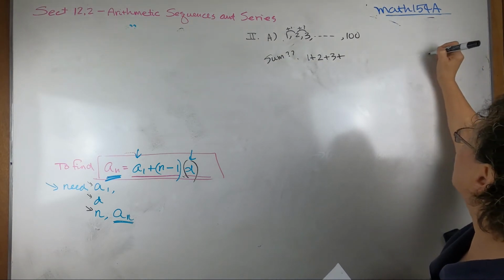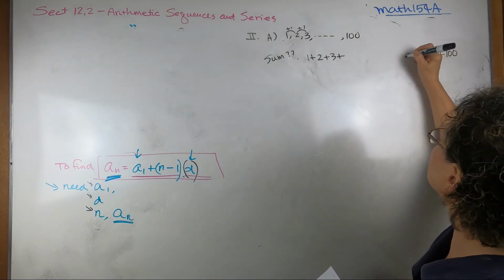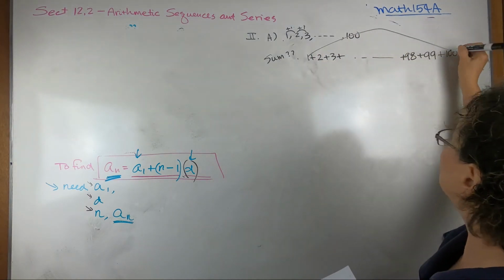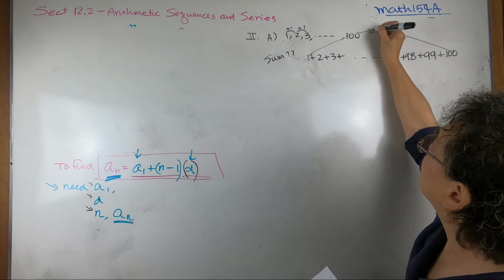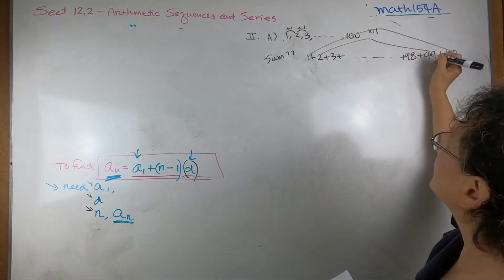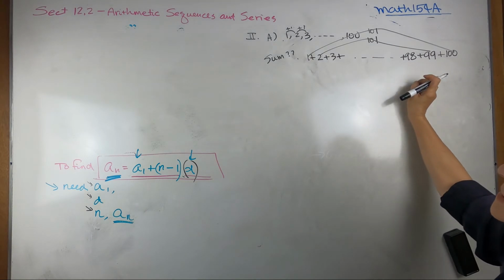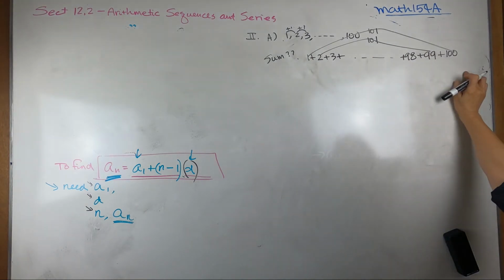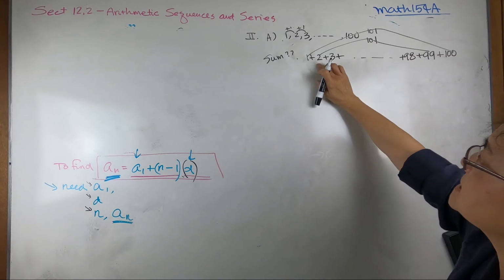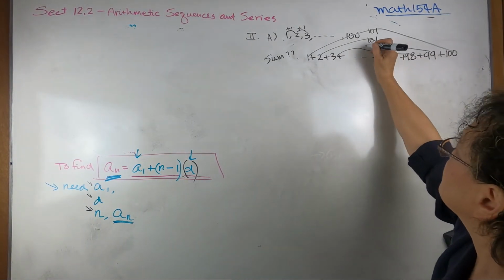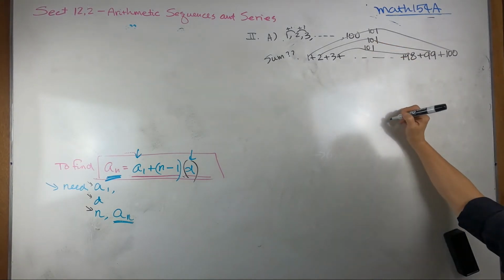So that's 100, that's 99, that's 98. He realized if he does 1 and 100, that would be 101, and 2 and 99, 101. If the first one and the last one are added together, and the second one and the second-last one, they all have the same answer.